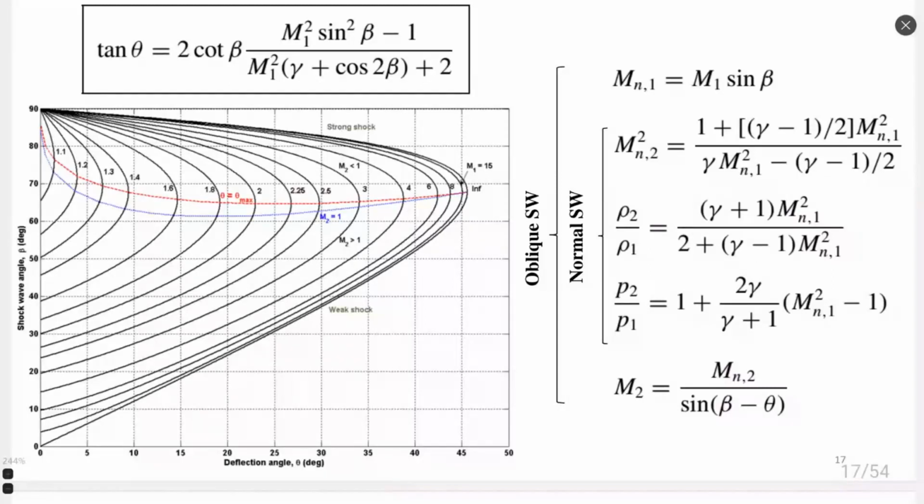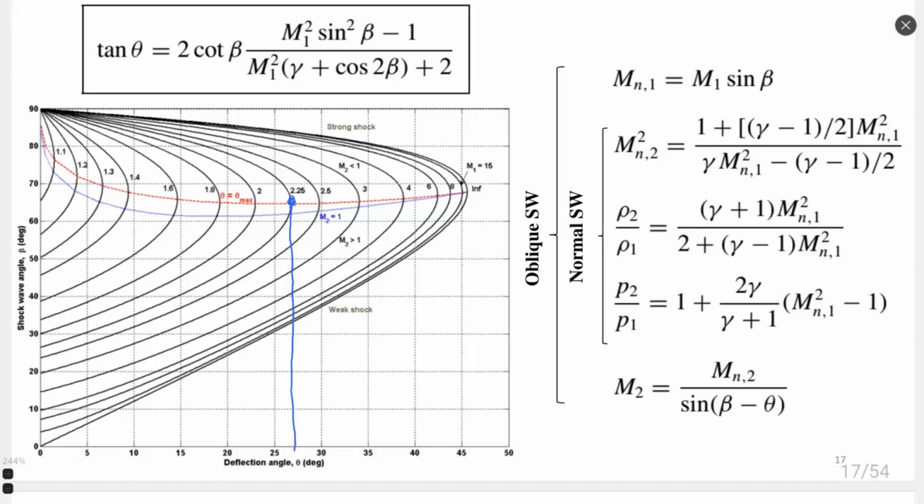It's usually like this. Pay attention to another thing, that each oblique shockwave has its limit. For example, if we look at Mach 2 on this diagram, we see that there is an extreme point here, theta equal to theta max, that tells us the maximum possible angle of the body that causes this shockwave.